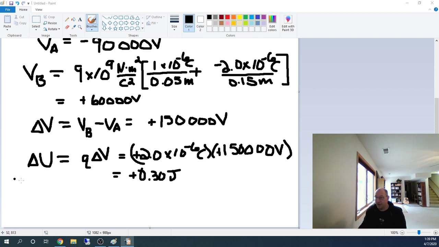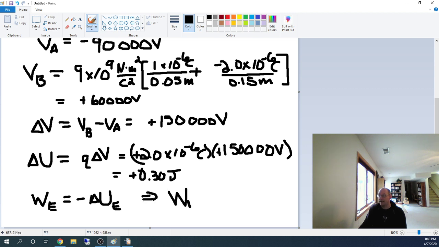So the same sort of thing is happening here. The work done by the electrical force in this case is equal to minus the change in the electrical potential energy that happens because of the motion. So the work done by electricity is actually negative 0.30 joules.